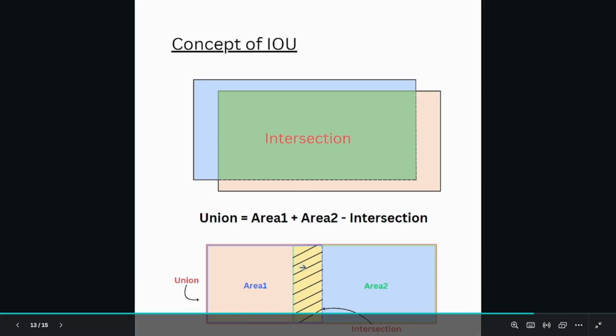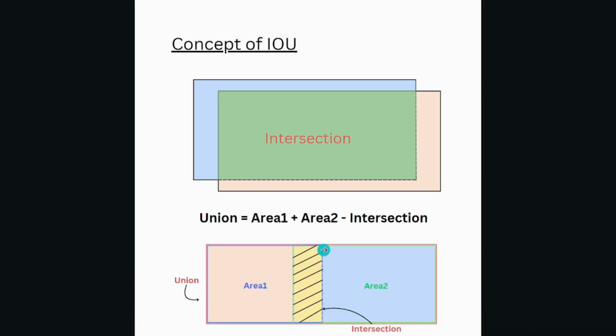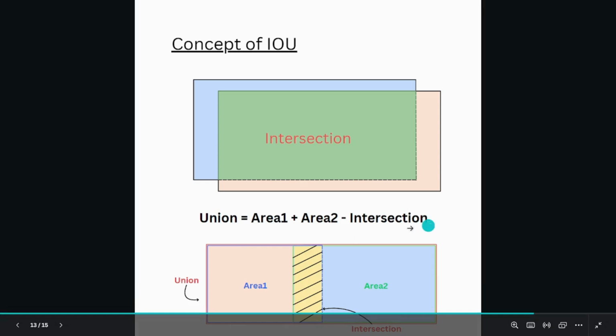How this formula comes about is, for example, we have two boxes which intersect something like this. So we have a common part of intersection here, and the union of the two is the bigger rectangular box that is shown in red.